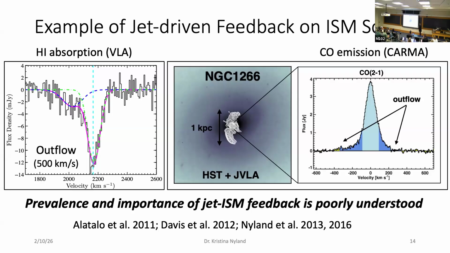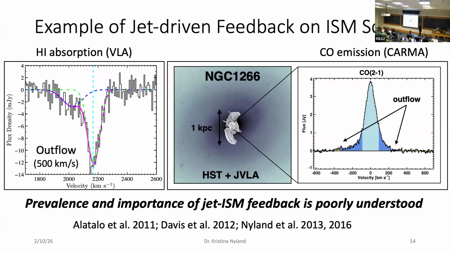This is NGC 1266. It has this kiloparsec scale radio structure, which I think is a jet. It has associated VLBA, very long baseline array, emission with it, and some other lines of evidence, including radio spectrum and also polarization properties that support that.